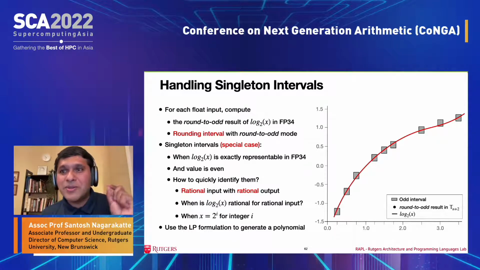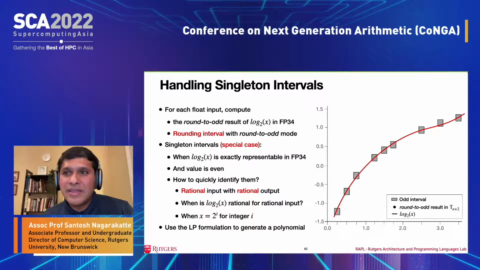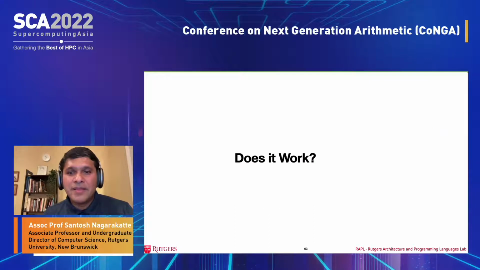One thing you need to pay attention to is the issue of singletons, and you can consult any approximation theory book. You have fantastic results, and you can do this. So what we show, both mathematically and empirically, is that this produces correctly rounded results for numerous representations. Please see our paper or talk to me by email, or during the Q&A for the details about the proof.